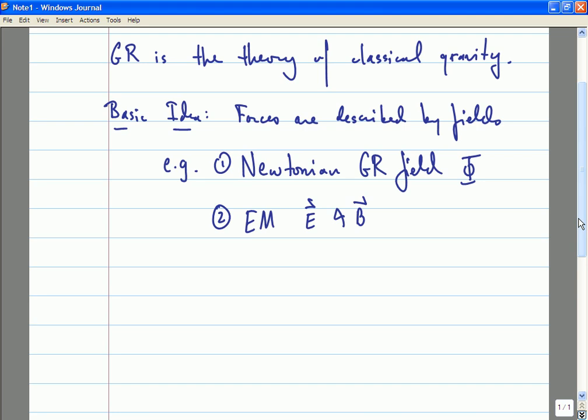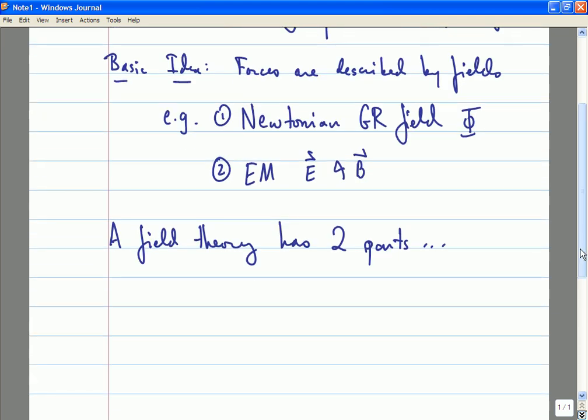So before describing what general relativity is, I should tell you what the ingredients are which go into a description of the forces of nature involving fields. So a theory of fields typically has two distinct parts. There are two ingredients which are necessary in order to formulate a theory of forces involving fields. The first ingredient is the equation of motion.